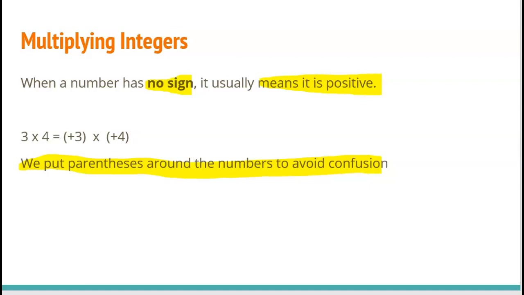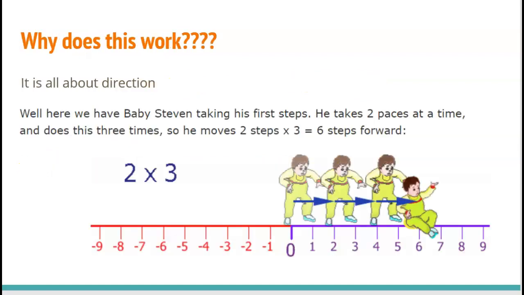I want to show you a visual about why this works. You don't need to copy down this slide. You can just pay attention. Why does it work? Again, it's all about direction. Here we have little baby Stephen, and baby Stephen is taking his very first step. He's starting at 0. He decides to take 2 paces at a time, and he does this 3 times.